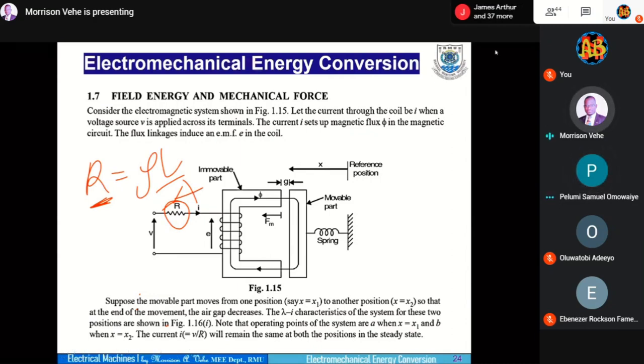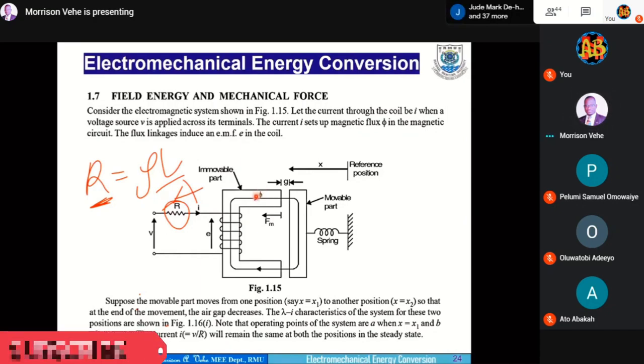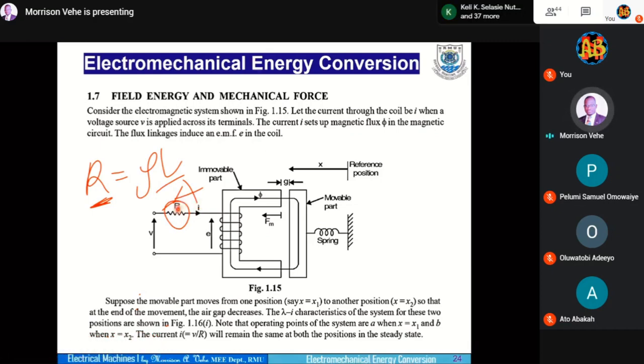Yeah, so I am saying that this current has the tendency of determining how much of the flux will link the system. So this current, the I here, also has the tendency of determining how much current should flow in the circuits. Do you understand? So you said the R also will determine what? How much of I flows.